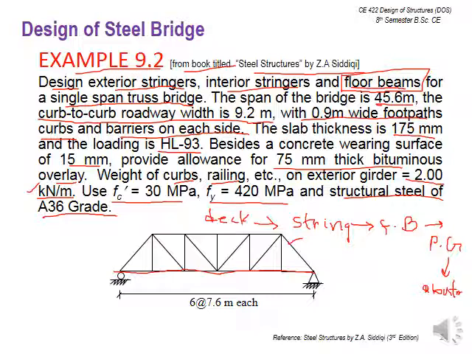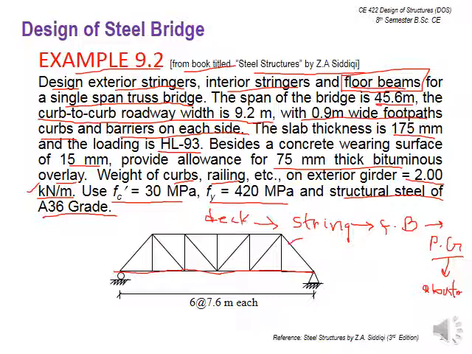We are going to replace our truss with the plate girder on both sides. This is the difference. You have to mold your example 9.1 in such a way that the last step will be the design of a plate girder, not the design of the truss. So truss design for steel bridges is not included. It is not part of your course.